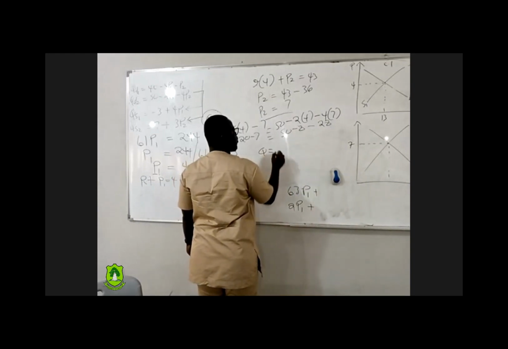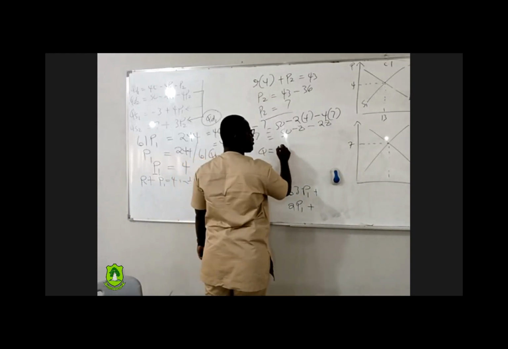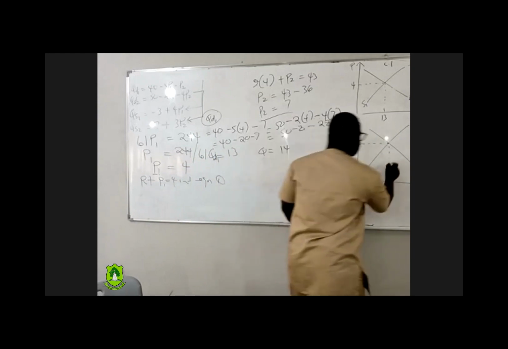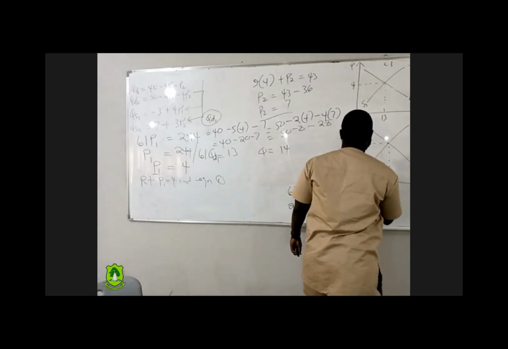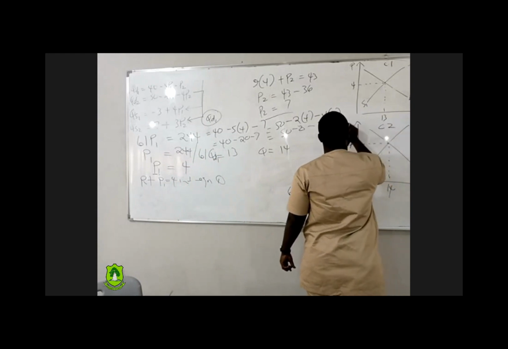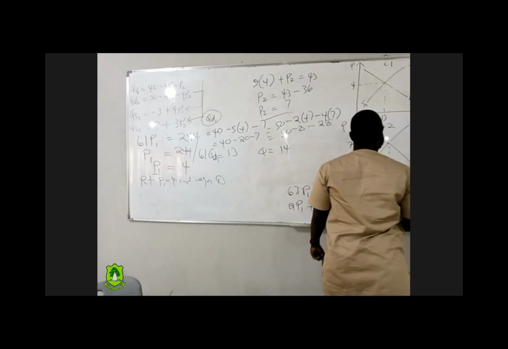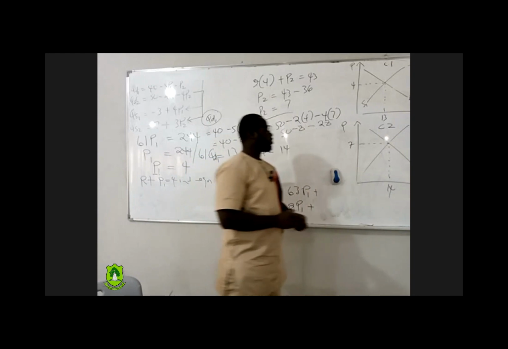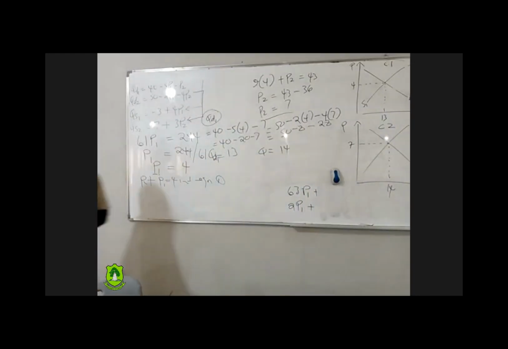So the quantity will be what? 14. Okay. So which means what we are finding here will be 14. Here is 7. Remember, this will be commodity 2 price, and this will be the commodity. So this is it.